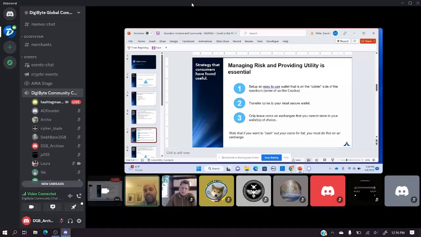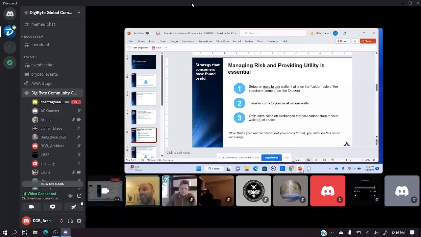The second thing, and Laura and I talk about this all the time, is that a lot of my students have a ton of crypto sitting on an exchange somewhere. The first thing we try to do is get it into something more secure that is not an exchange on the web.